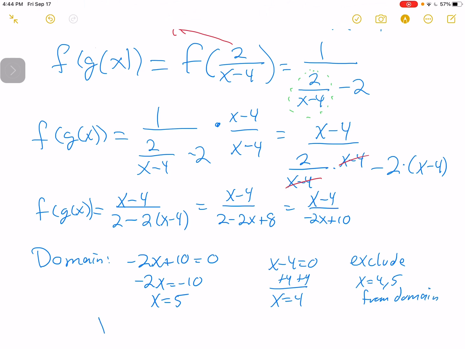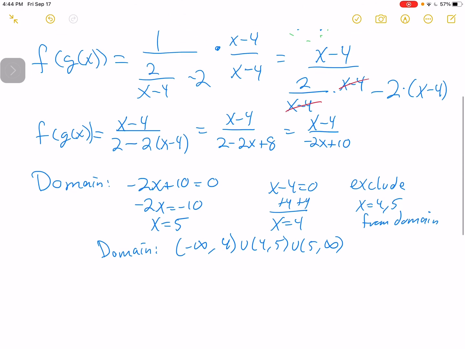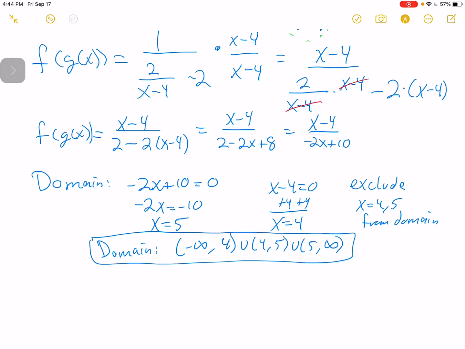So our domain is going to be negative infinity to 4, union 4 to 5, union 5 to infinity. So that cuts out the 4 and the 5 from the domain. So this is the second answer, and the first answer was right here.